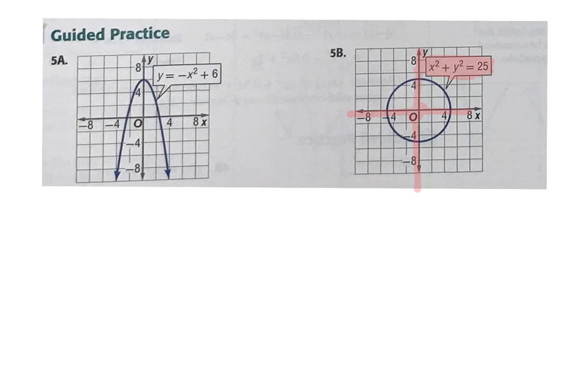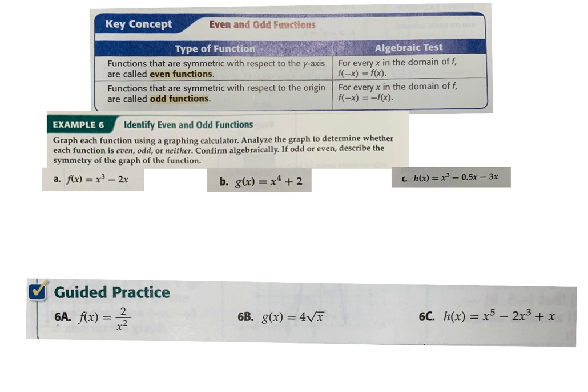All right, the last thing we're going to talk about are what's called even and odd functions. Even and odd functions, all right? If it is symmetric to the y-axis, it is called an even function. So once you test for symmetry, you can then tell me if it is an even or an odd function because you've already done the test for it, okay?